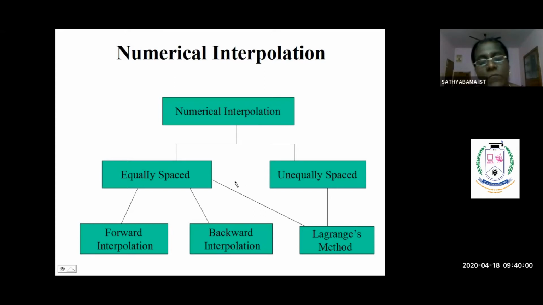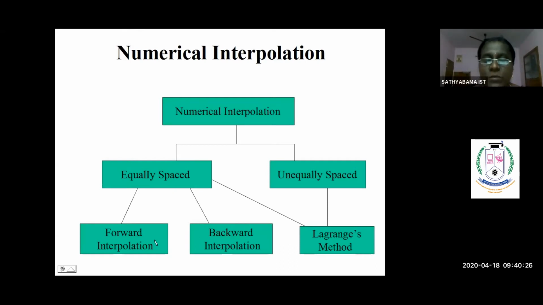And for equally spaced alone, we have forward interpolation and backward interpolation. Just now I explained what is meant by forward and backward. Whenever we calculate the value of y for which the x lies close to the initial value of the data set, we call it forward. And if the x value lies close to the end value of the data set, we call it backward.